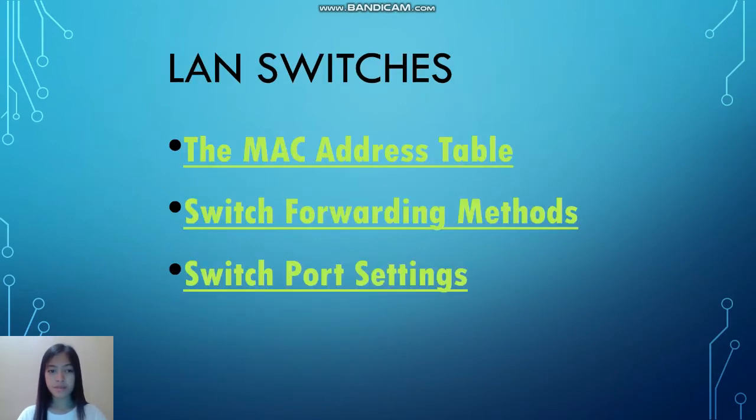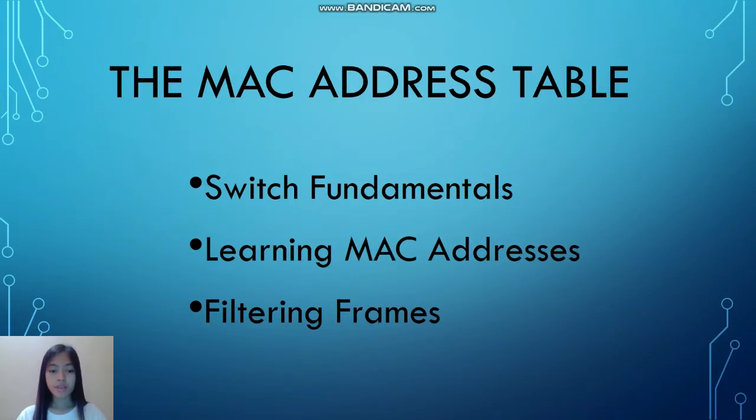Next, LAN switches. It includes the MAC address table, switch forwarding methods, and switch port settings. The MAC address table has switch fundamentals, learning MAC addresses, and filtering frames. So first, switch fundamentals. A layer 2 Ethernet switch uses MAC addresses to make forwarding decisions.